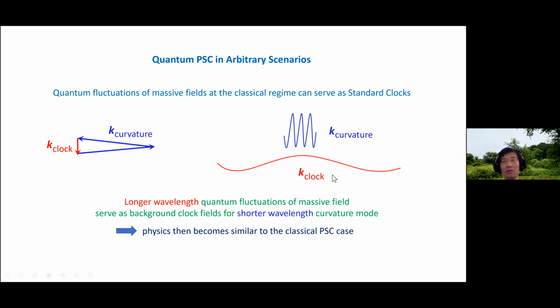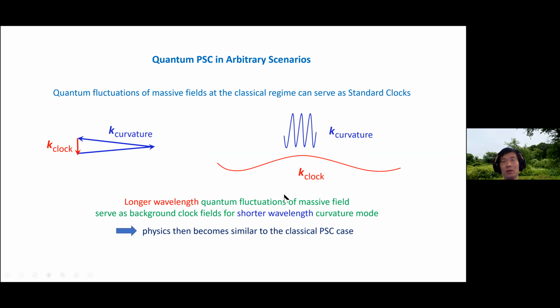If you look at this graph, the interaction between these two modes is very similar to the classical case I mentioned earlier in the talk. That is, you have background oscillations, which are now quantum fluctuations in the classical regime, modulating the short wavelength modes. This is what the non-Gaussianity tells us.